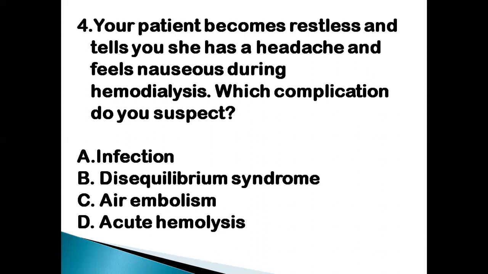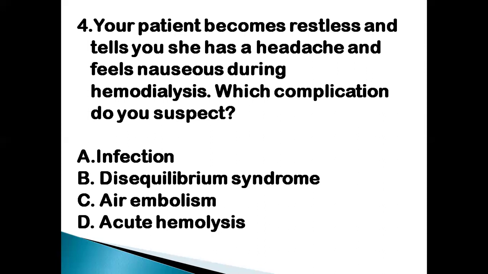So what will happen? Starting from headache, then nausea, then the patient will show symptoms like confusion, then coma, and it can lead to death also, because it is a very severe case. So dialysis disequilibrium syndrome should be reported immediately to the physician.